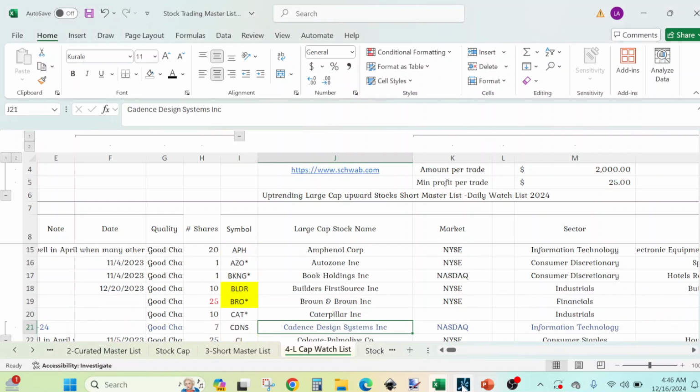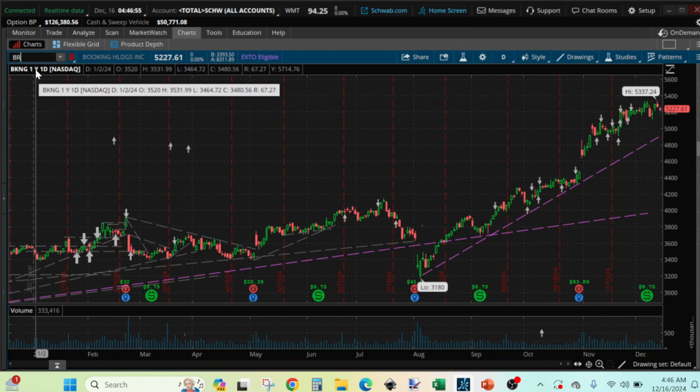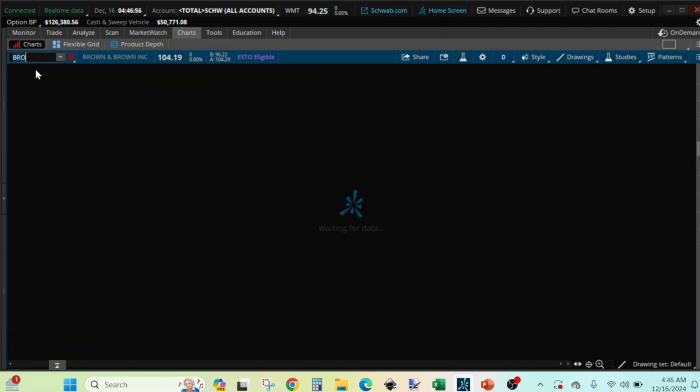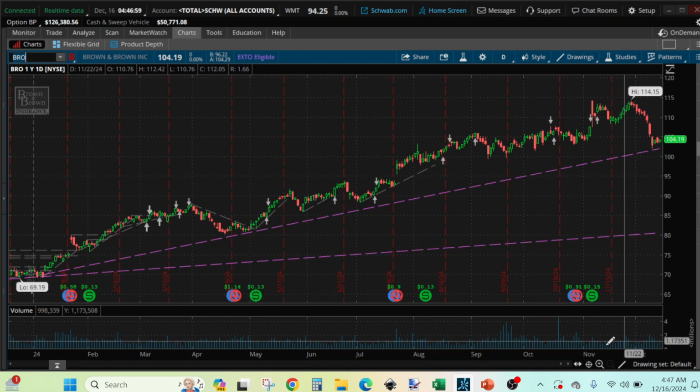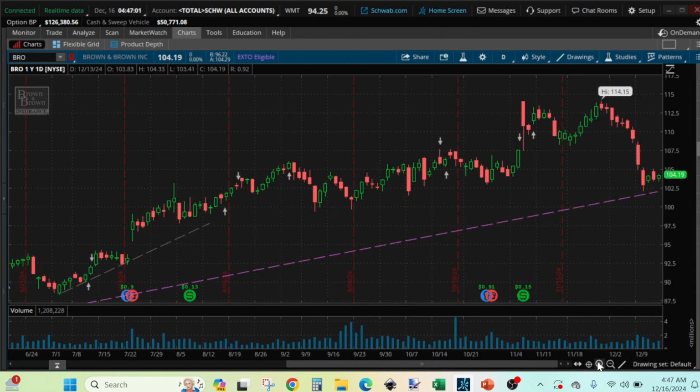BRO, we already have in our portfolio. So BRO is consolidating around the trend line. I thought we wanted to buy it on Friday, but probably that bar was red and that's why we didn't buy.